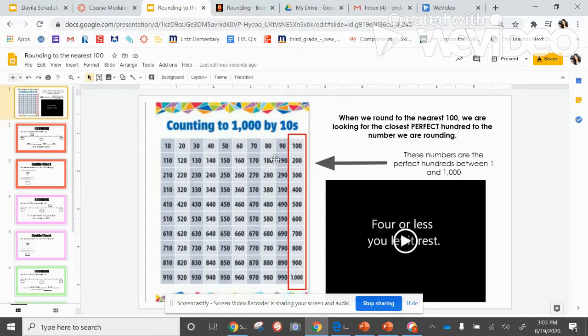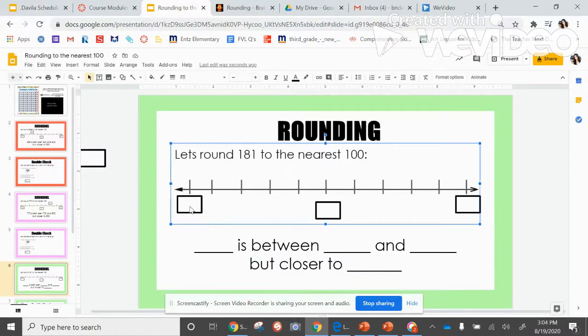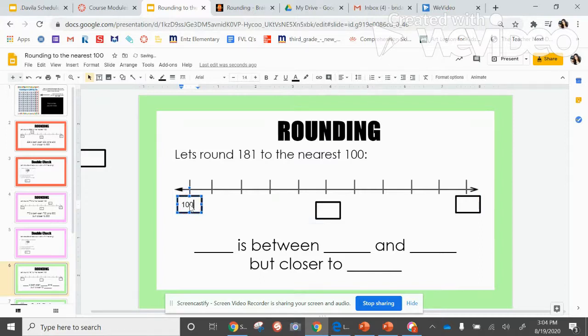The 100 before 180 is 100, and the 100 after is 200. So I'm going to fill that in right here. 100 and 200. I know that halfway between hundreds is a 50, so that means that this is 150, halfway.